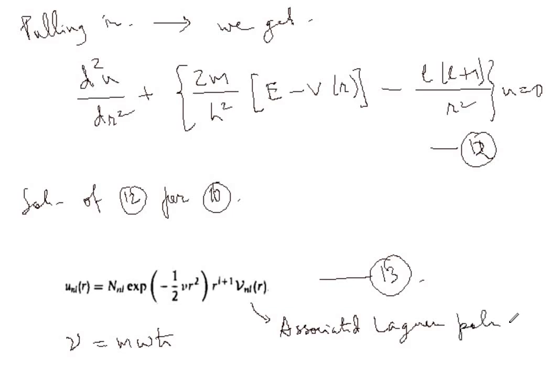I'm not going to write the polynomial, which you have seen previously. Now you see, this u n l of r is basically some function of nu r squared. Again, this follows in the solution.